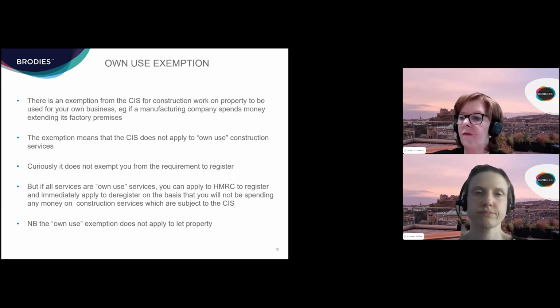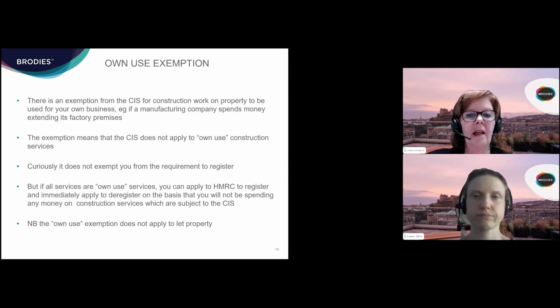If we move on again, the own use exemption: there is an exemption from the CIS for construction work on property that's used for your own business, as Kirstine mentioned. So a manufacturing company spending money on extending its factory premises, even if they spent more than £3 million in a 12-month period, those payments would actually be outside the CIS. So if what you're building is for your own use, then you wouldn't have to register for the CIS.